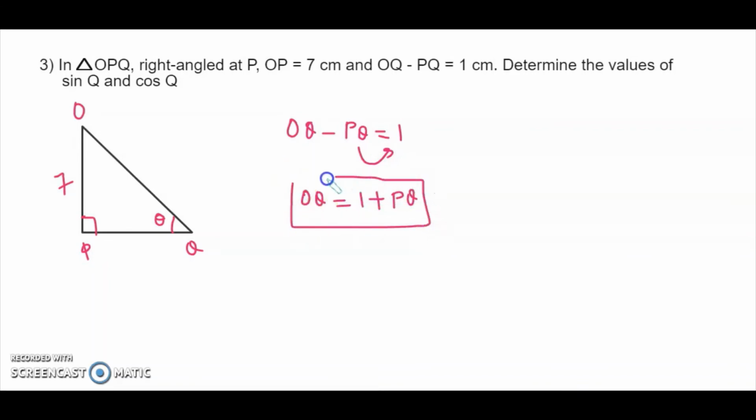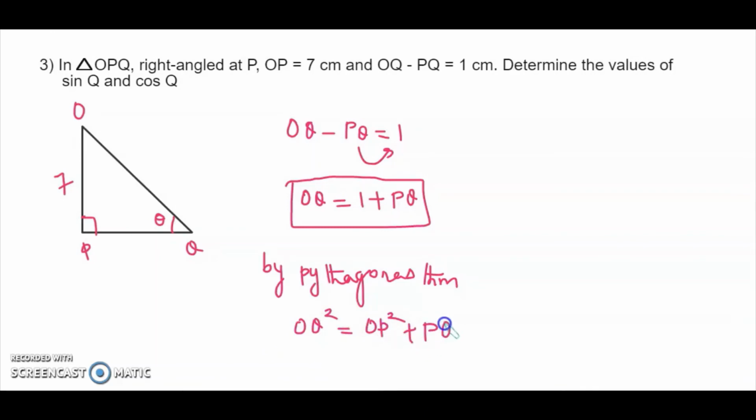Right? So now we are going to go by Pythagoras theorem. So what we'll get? OQ square equals to OP square plus PQ square, right? OQ is 1 plus PQ. So 1 plus PQ the whole square equals to OP square is 7 square plus PQ square, right?